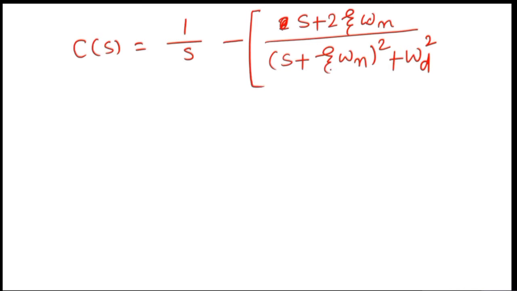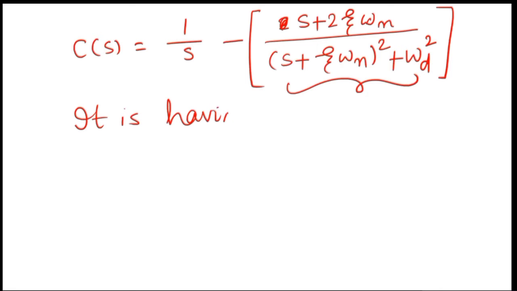This we need to convert into partial fractions. If you observe the denominator polynomial, it is having repeated poles.